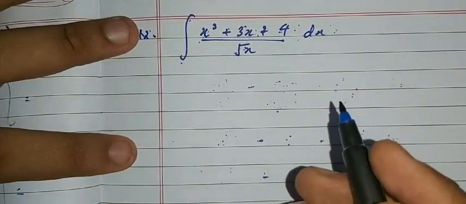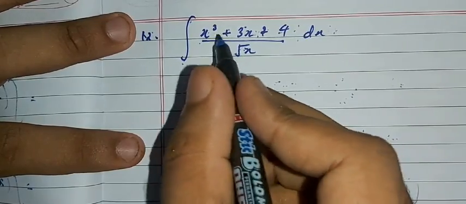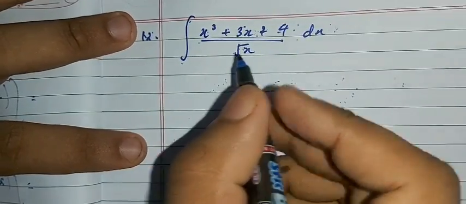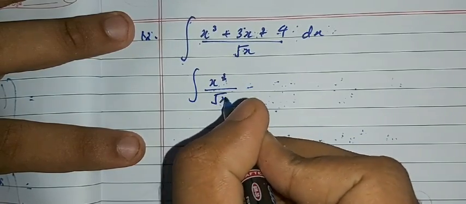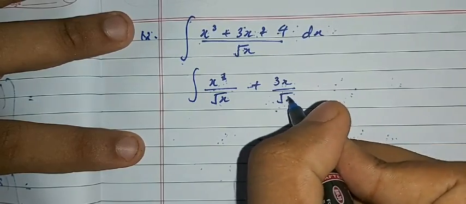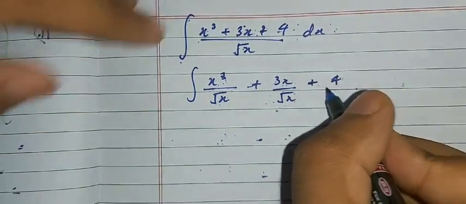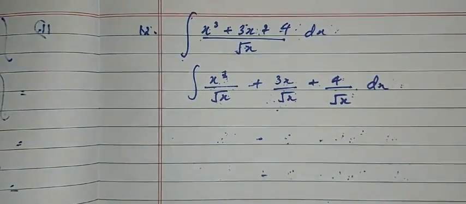Now here, as we have done in the previous question, let us separately divide all these terms by root x. So x cube by root x plus 3x by root x plus 4 by root x dx.